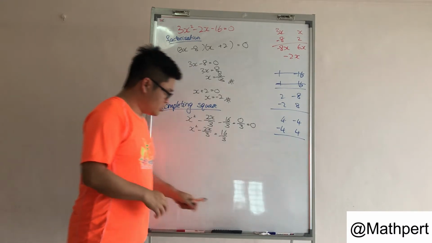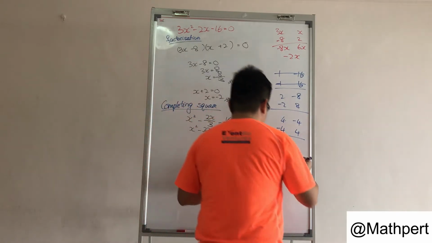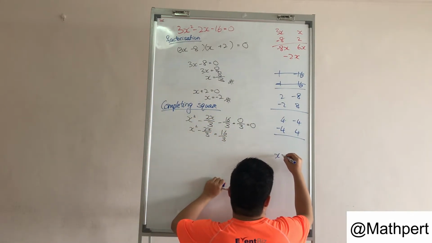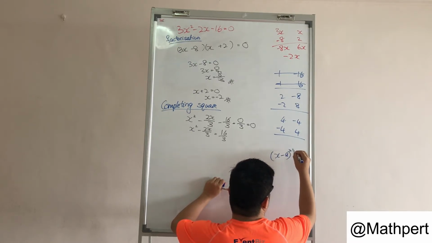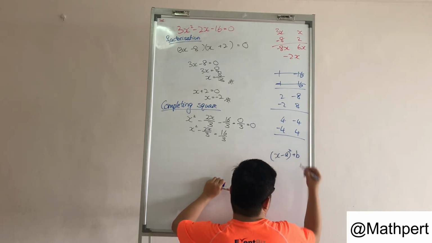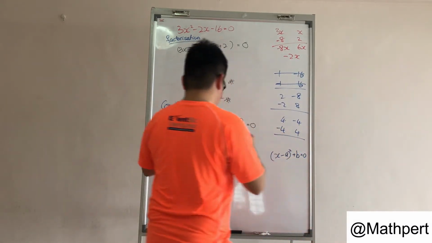Okay, the general form of completing the square will be (x minus a) whole bracket squared plus b equals 0.